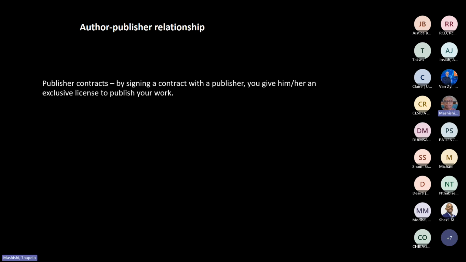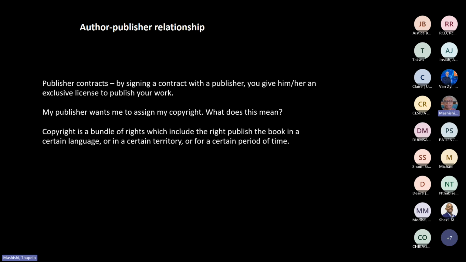Okay, in the traditional publishing sense, the author signs a contract with the publisher, and this gives them an exclusive license to publish your work. But most publishers, especially with traditional copyright outside of open access, will want you to assign your copyright to them. And what does this mean?